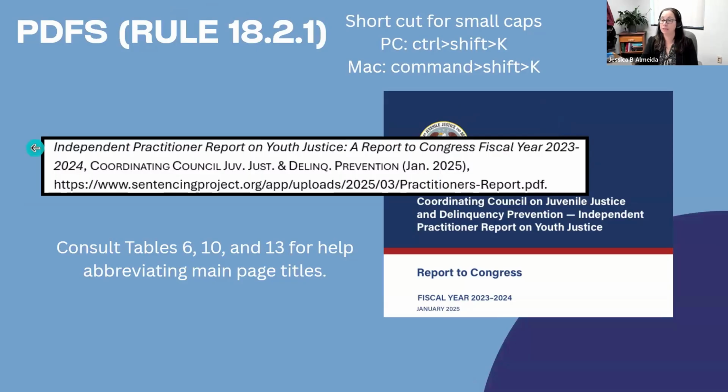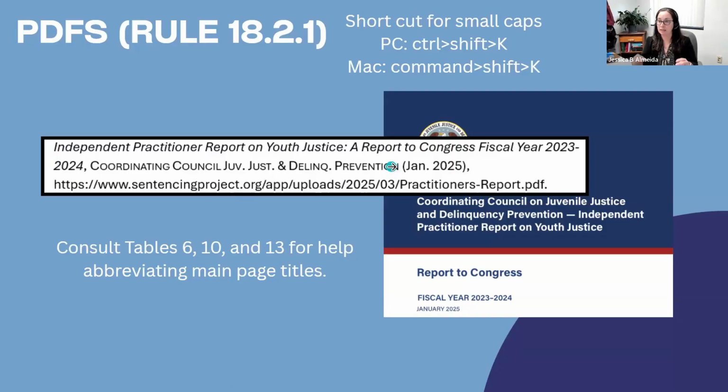So here we did not have an author for this particular report. What we had was the title, and it was quite a long title. And then we had the group that produced it, the Coordinating Council on Juvenile Justice and Delinquency Prevention. I used Tables 6, 10, and 13 in order to abbreviate some of the words.